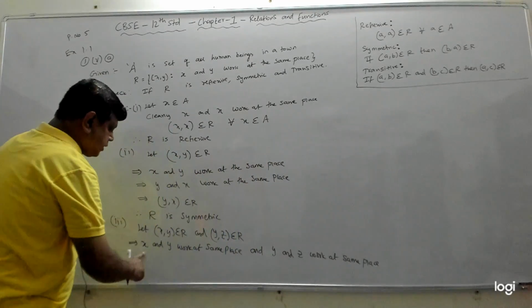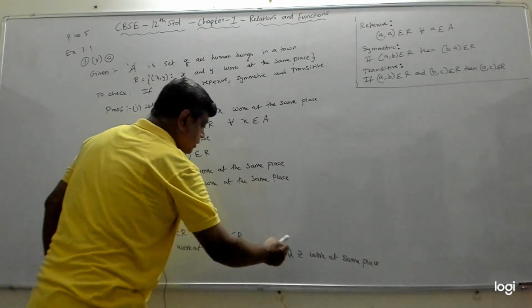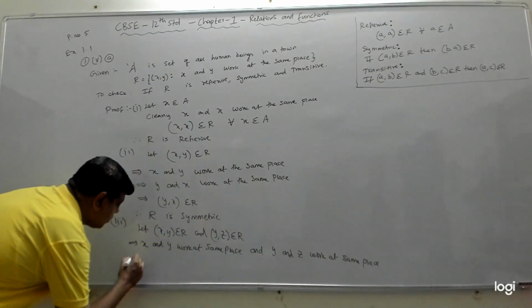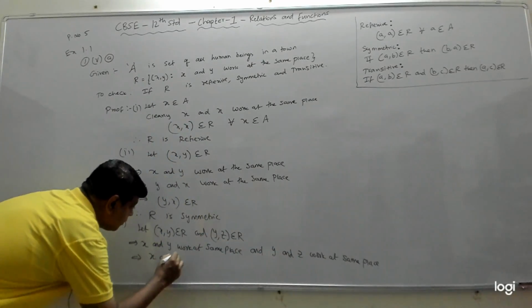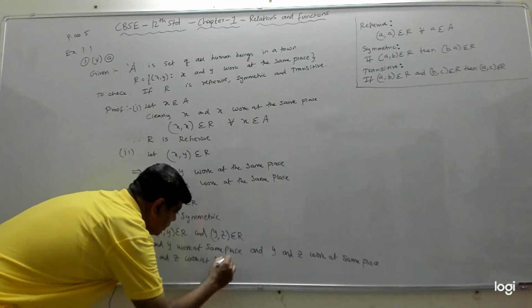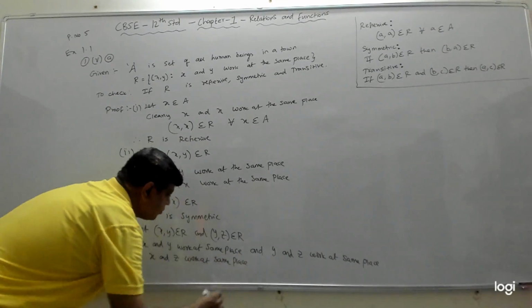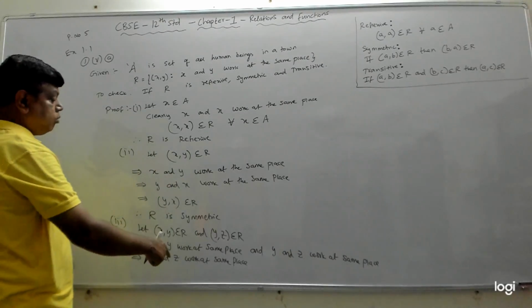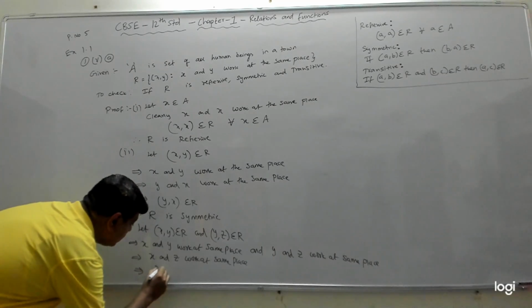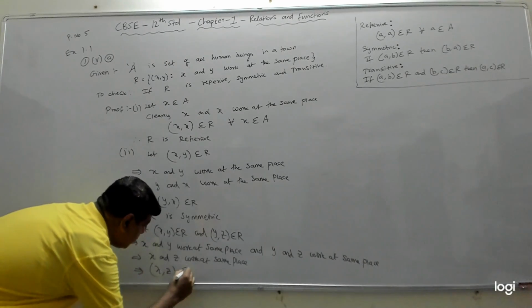Now if you observe that x and y work at the same place and y and z also work at the same place, means x and z they work at the same place, right? So this implies x and z work at the same place. Now when x and z work at the same place, it means x comma z belongs to R.